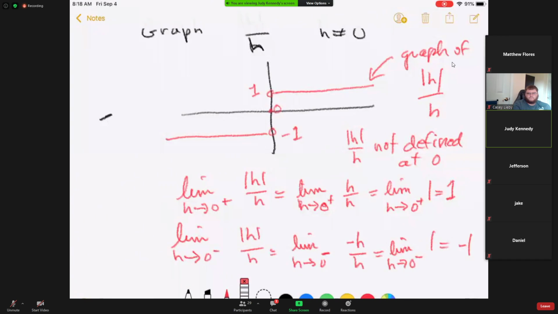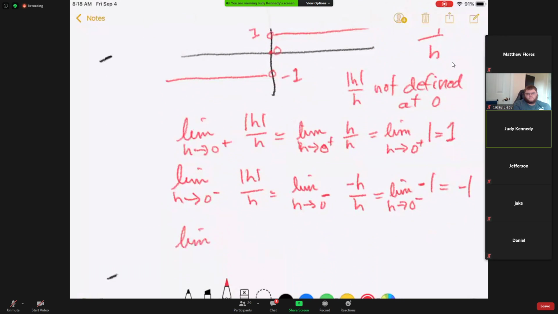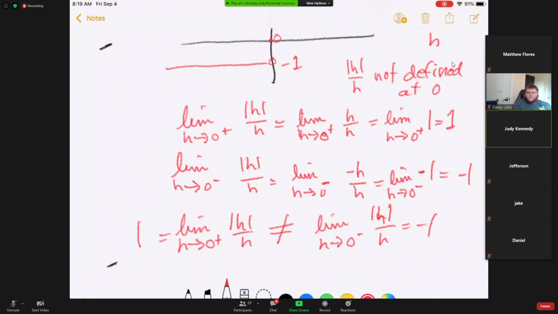Okay. So the limit from the left and the limit from the right are not equal. This one is equal to 1, and the other one is equal to minus 1. And that means no limit, right?